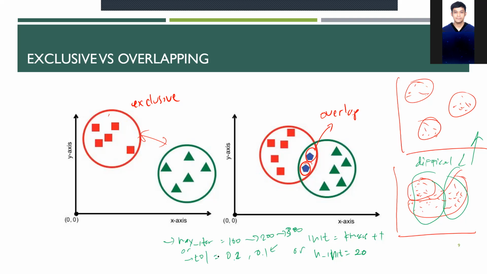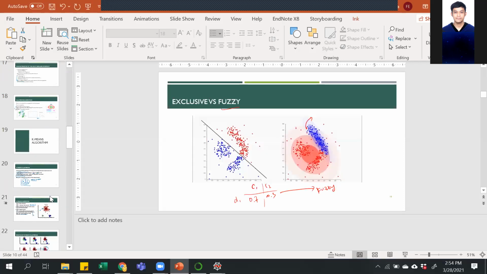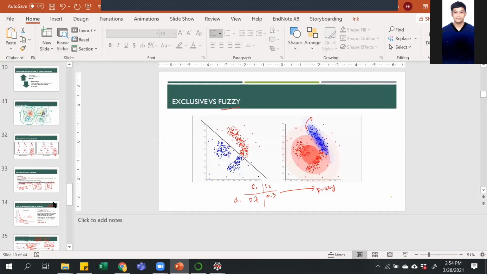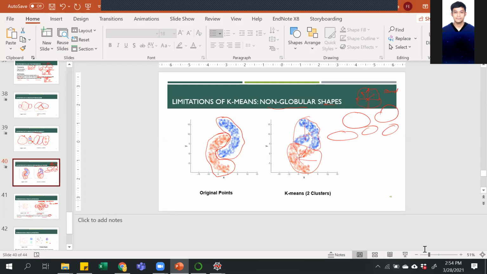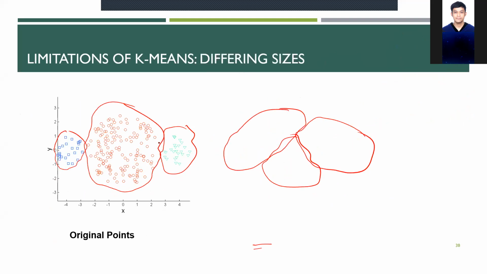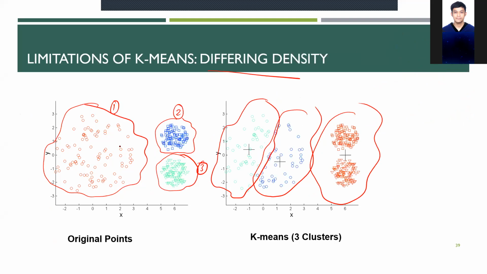Another difficult case for k-means is if the data density is different. So which one is our data density? After we visualize the data, we see the density of the data is very different from each other.